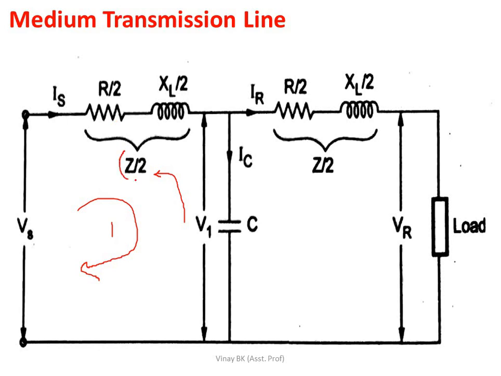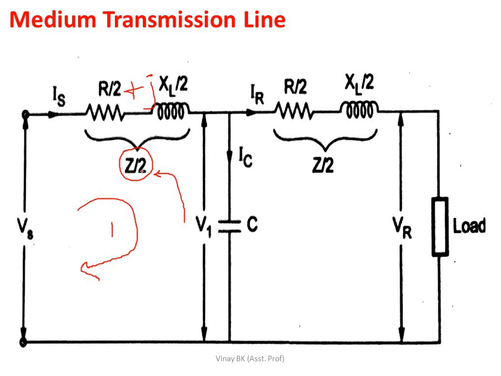I'll write Is into Z by 2 instead of writing Is into R by 2 plus j into Is into XL by 2. R by 2 plus j XL by 2 is nothing but Z by 2. So Vs is given by V1 plus Is into Z by 2, is one expression.